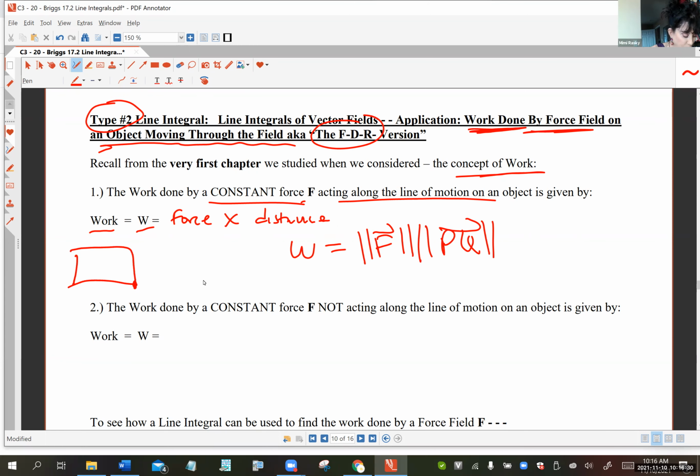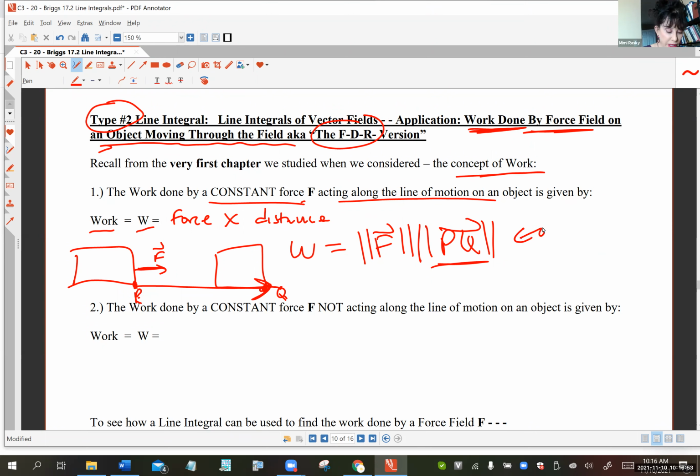So I'll do that little granite piece that I did from the very first time we saw this. So let's say you have a big piece of granite and you pull it with some force, and let's say it ends up over here at Q. So the distance is the distance between P and Q, and if you formed the vector PQ, it would be the magnitude of PQ. Okay, so that's work.